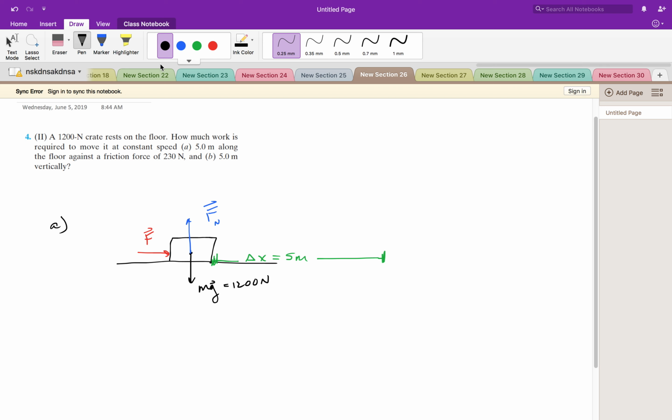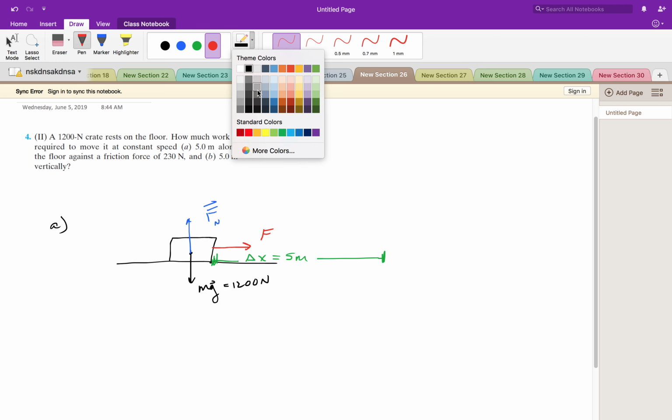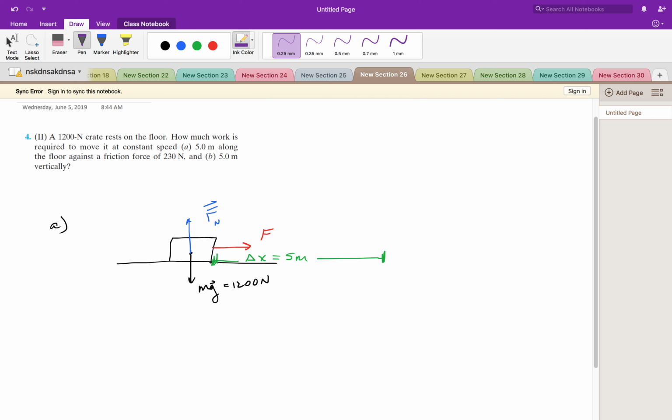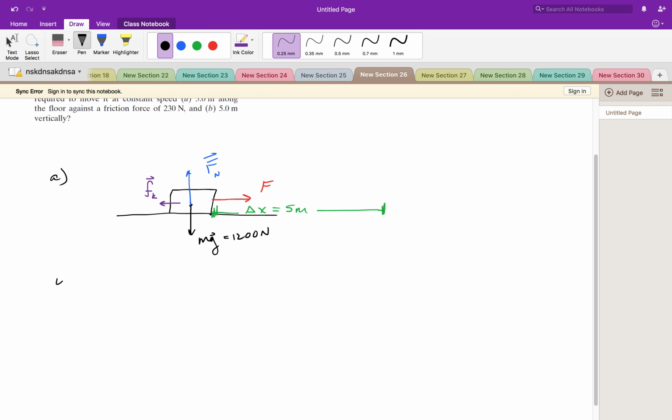Let me actually do this because they say there's a frictional force. The force that's moving it to the right, we'll make that on this side. That's the applied force. And then the frictional force, I'll draw that in purple, and that'll be a little smaller. That'll be kinetic friction, the lowercase fk. We are going to use the work energy theorem.